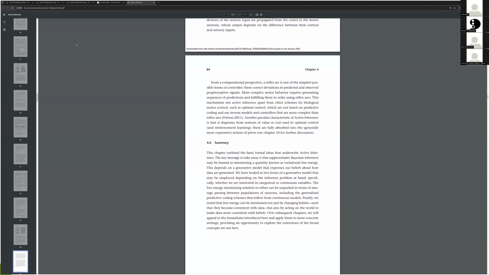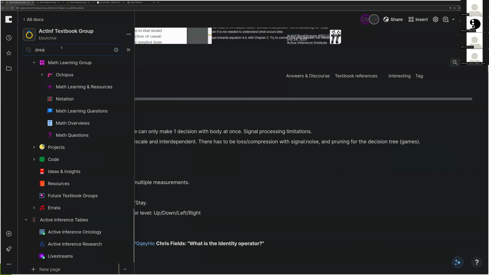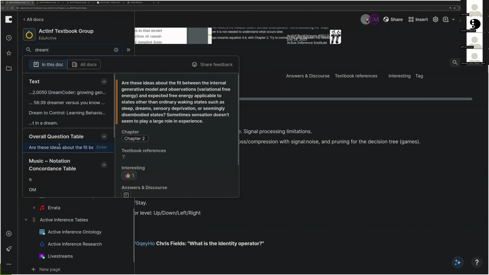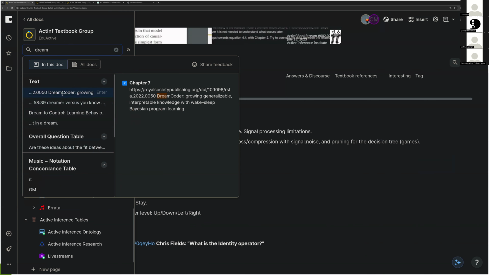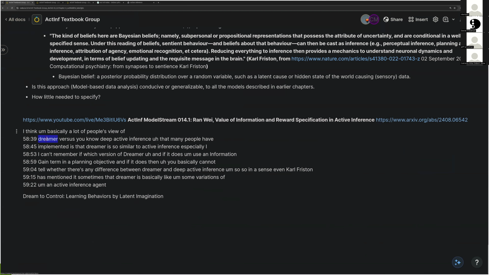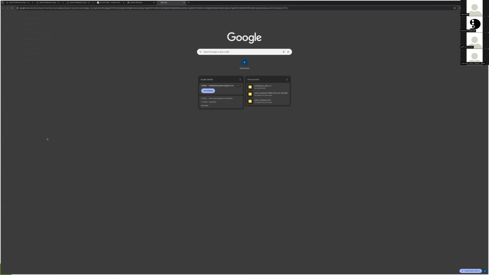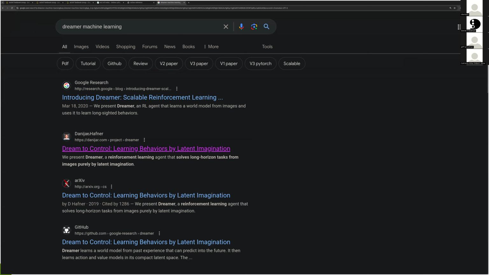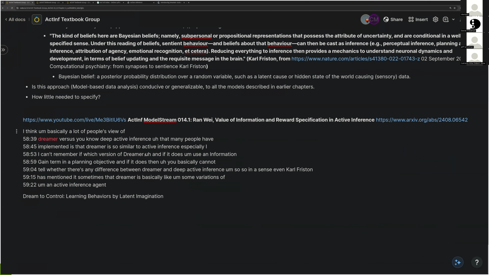And I think another interesting direction to explore is Danijar Hafner's Dream to Control, with information gain in the planning objective.